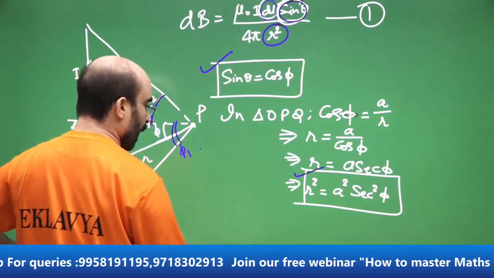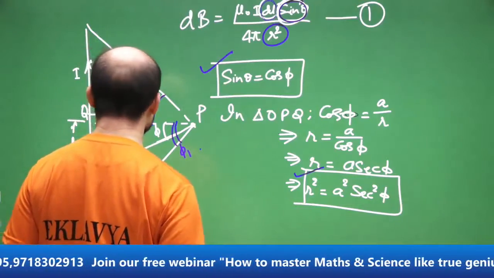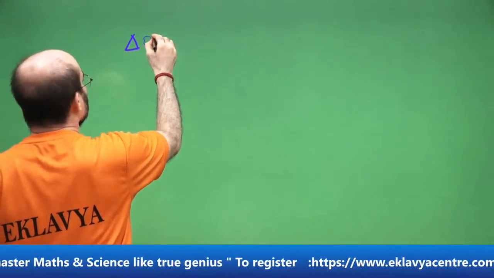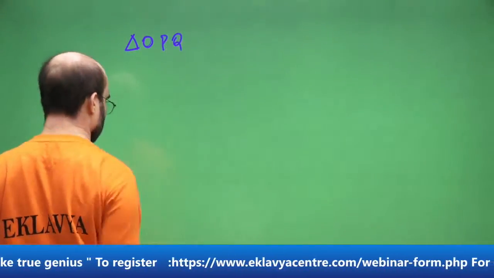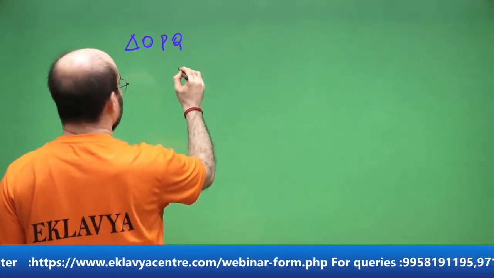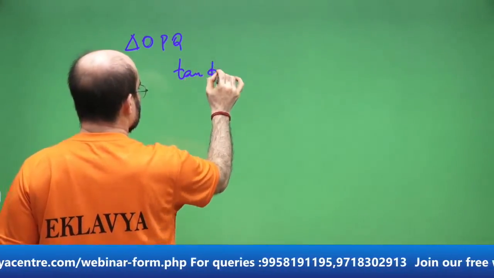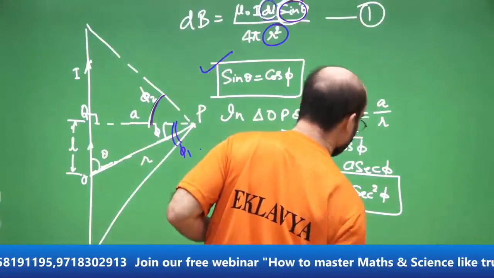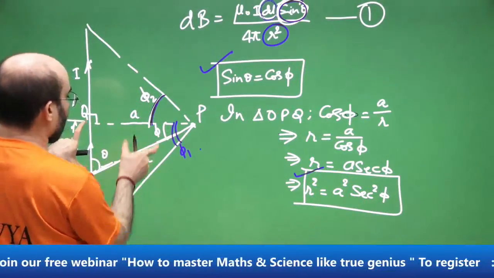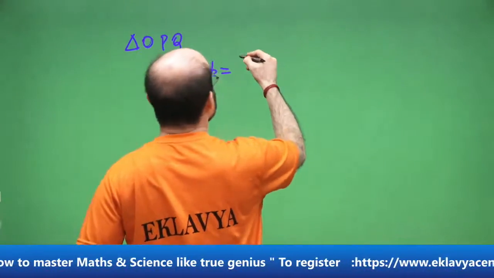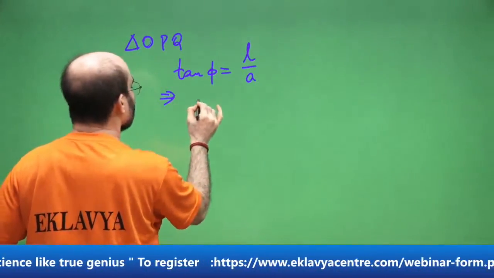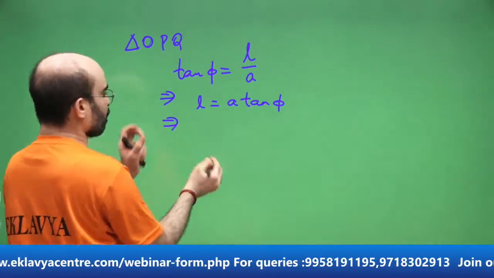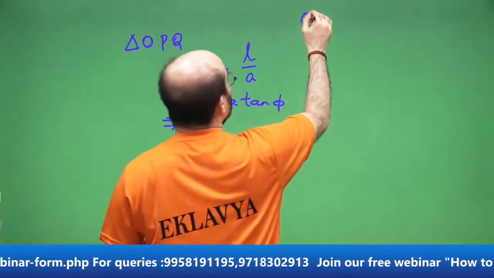In this triangle OPQ, tan phi equals L by A. So we have L equals A tan phi. We will differentiate this because we require dl.